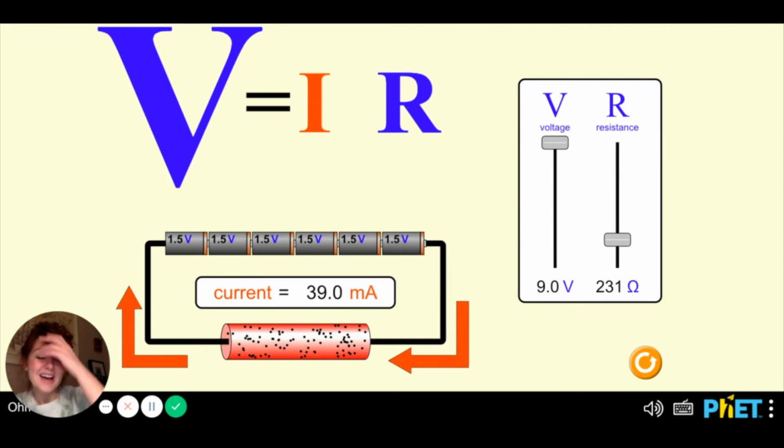Okay. So it looks like now we have our voltage is 9 volts, we have our current at 39 milliamps, and that gives us our resistance, which is 231 ohms, and that really closely resembles our equation work that we just did in the video. So that worked.